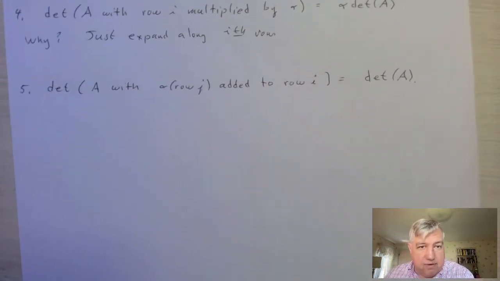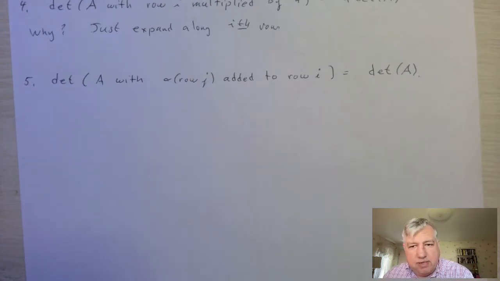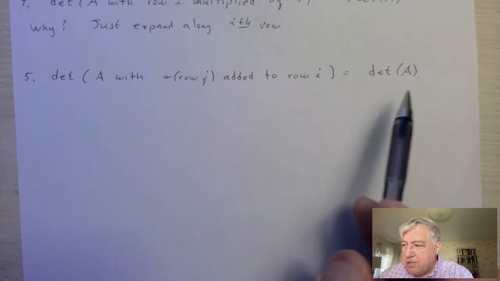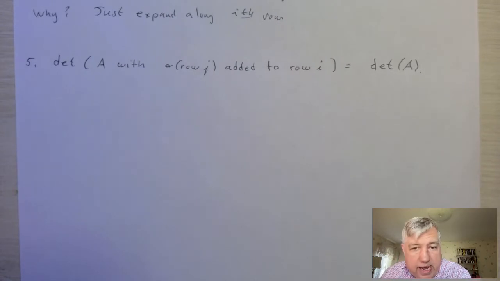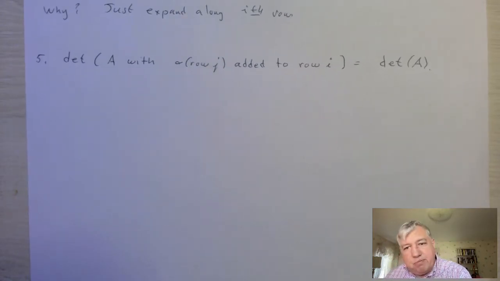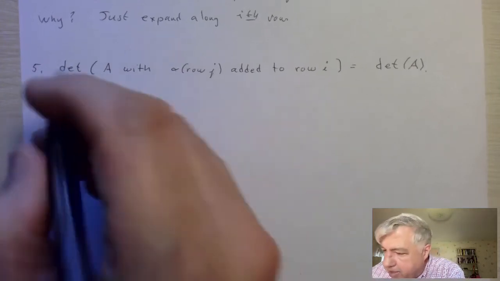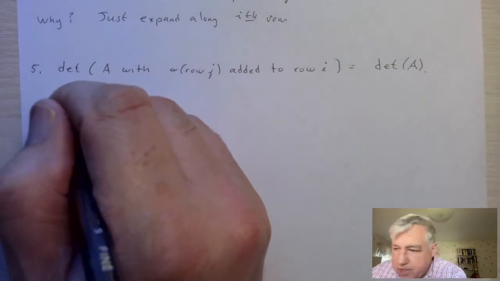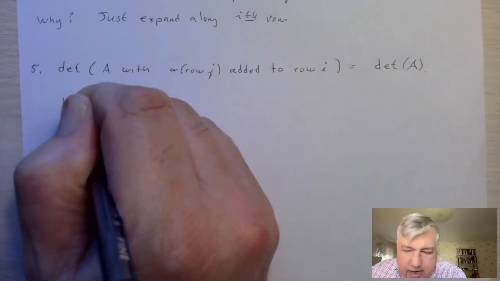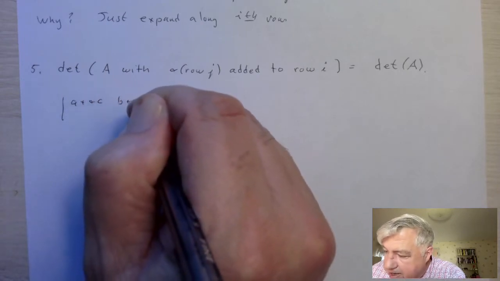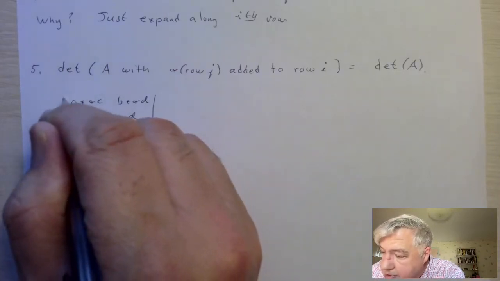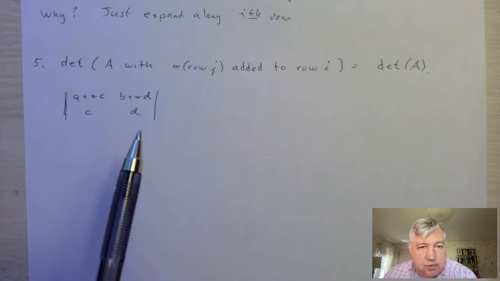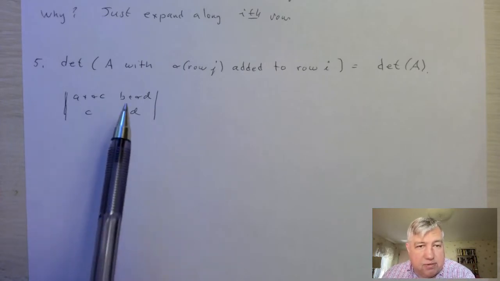For number 5, let's say we take a multiple of one row and add it to another row. Well, it turns out that that's not going to change the determinant at all. To show this, we're again going to first prove it for 2 by 2 matrices, and then 3 by 3 matrices, and then hopefully you'll get the idea. So let's take the determinant of the matrix A plus alpha C, B plus alpha D, and C D. We've taken the second row multiplied by alpha and added it to the first row.